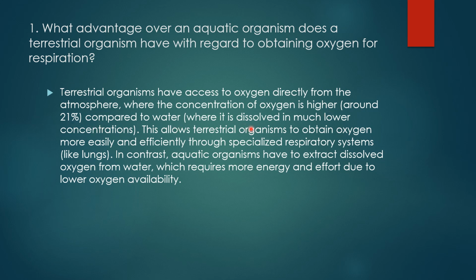Compared to this, in water oxygen is dissolved, but the concentration is very low. So this allows terrestrial organisms to obtain oxygen more easily and efficiently through specialized respiratory systems such as lungs. But aquatic organisms have to extract the dissolved oxygen from water. This requires more energy and effort because of the lower oxygen availability, right?